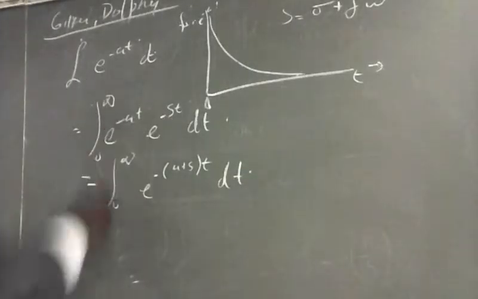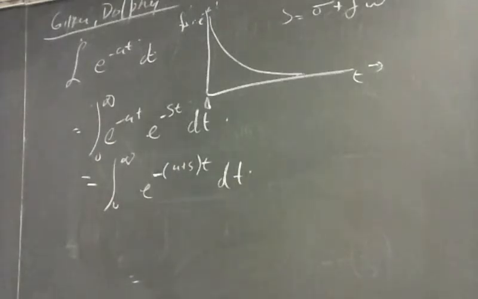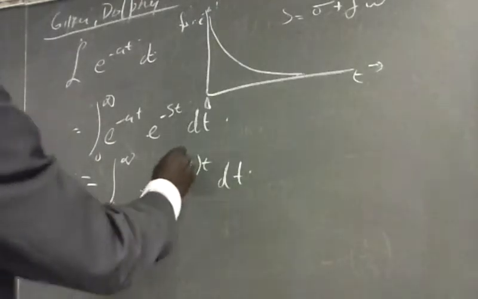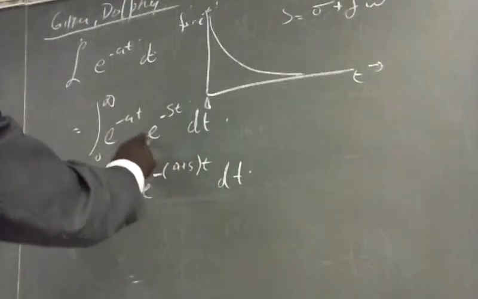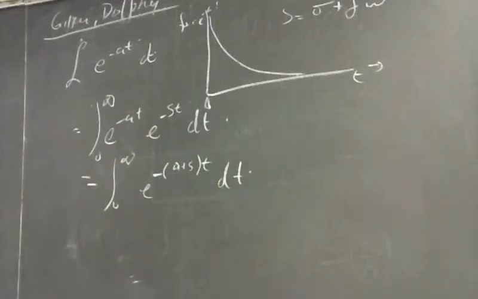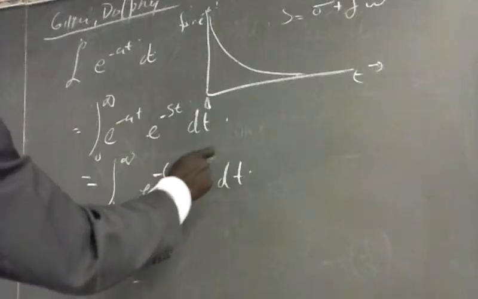You add the exponents and factor out the t, because that's the rule for multiplying two exponential functions: e to the minus (a plus s) t.